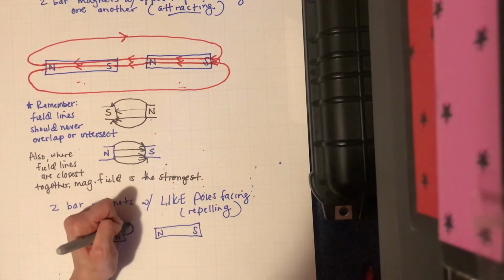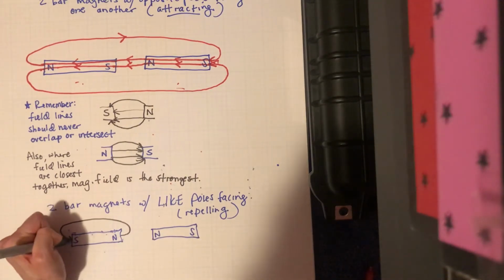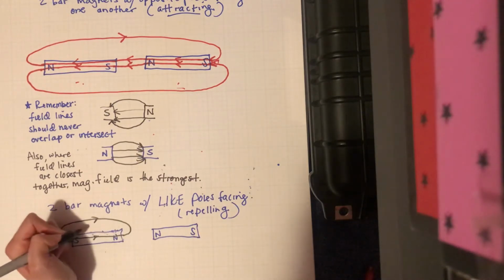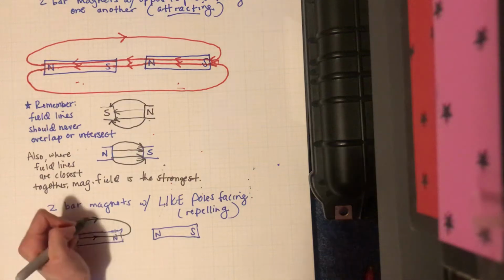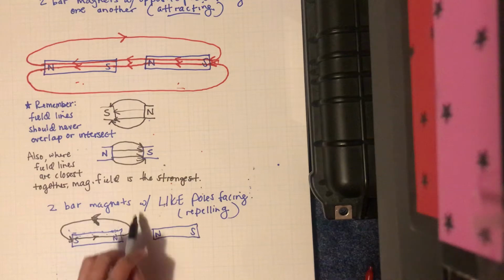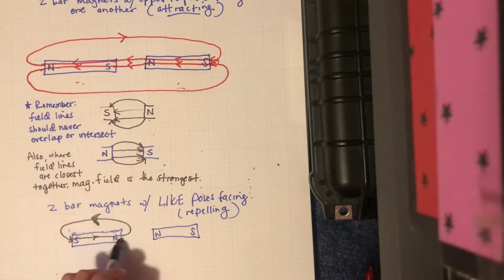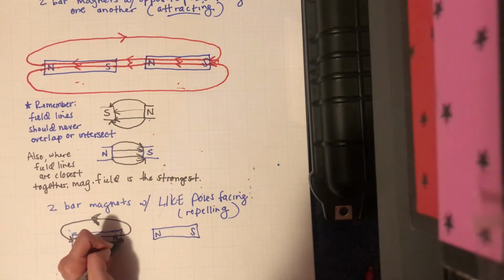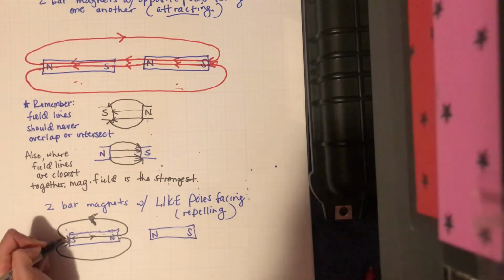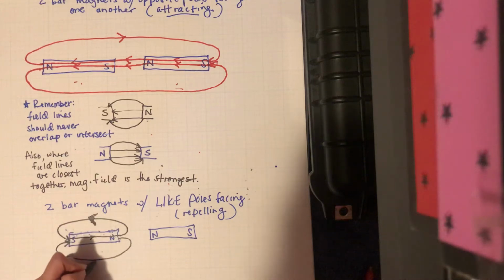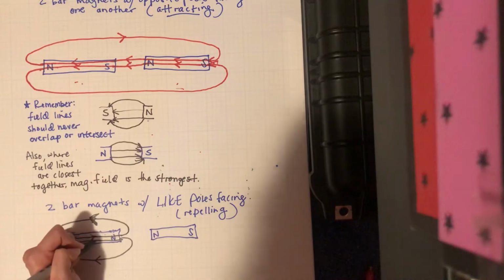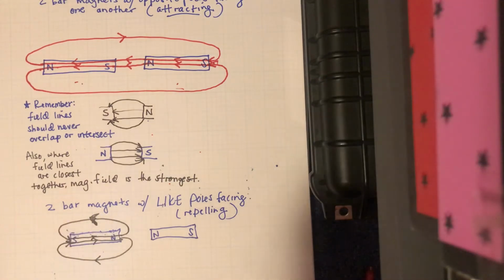So you have north to south, external to the magnet, and then south to north, internal to the magnet. Okay. So north to south, external to the magnet, south to north, internal. Same thing on the bottom, north to south, external to the magnet, and south to north, internal to the magnet.